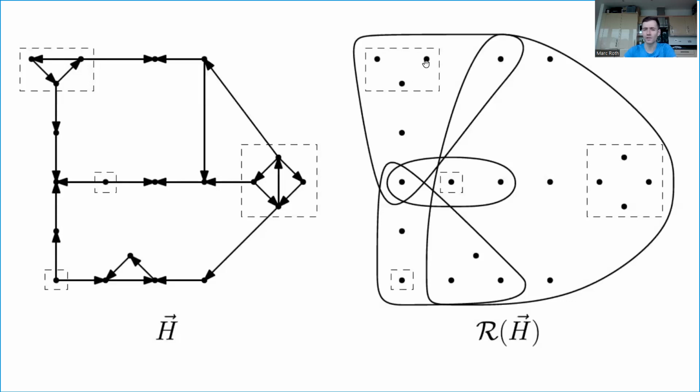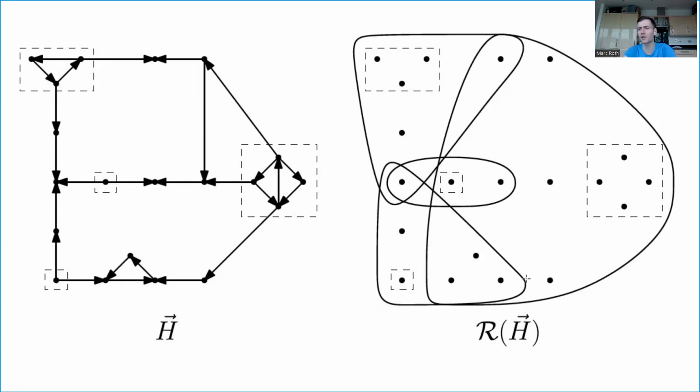For each source, we add a hyperedge containing all vertices that can be reached from this source. For example, from this source we can reach the source itself, this vertex, and this vertex. Then at this other source, we reach those two vertices and this one. So this hyperedge precisely contains the vertices reachable from this source, and we do this for each source.